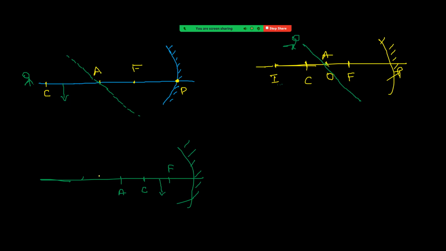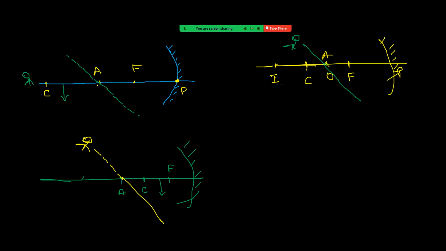This you have to understand very carefully. Now the person turns towards his left side. Now the person sees in this line. Now the image is to his left side, not right side.